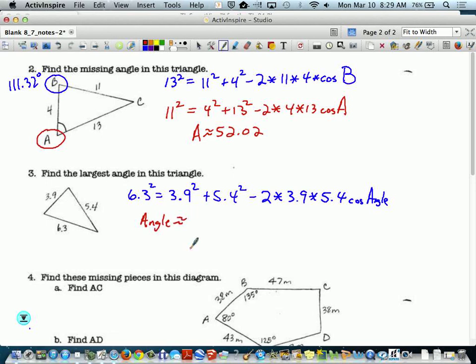What is that approximate angle? 86.52. Anybody else get that? 83.62? Oh, I see, I put 6.3 instead of 5.2. Okay, so 83.62 degrees.